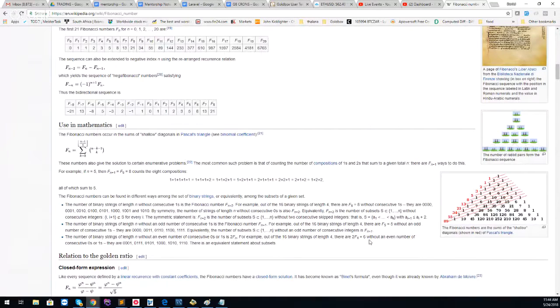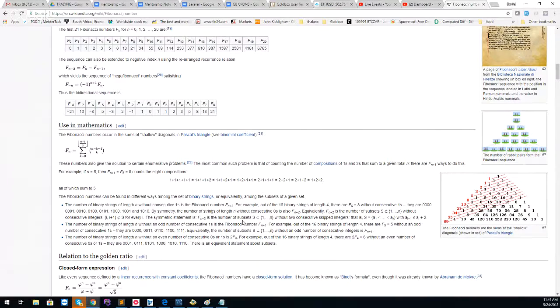The way that the sunflower seeds are ordered in a sunflower is in the Fibonacci sequence. So it's the optimal sequence: you cannot fit more sunflower seeds in a sunflower other than within the mathematical sequence that Fibonacci discovered.